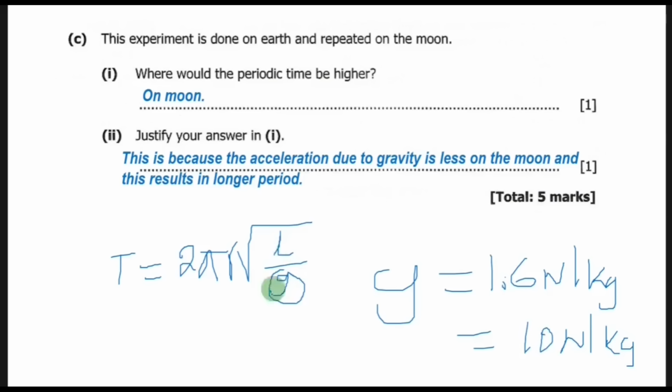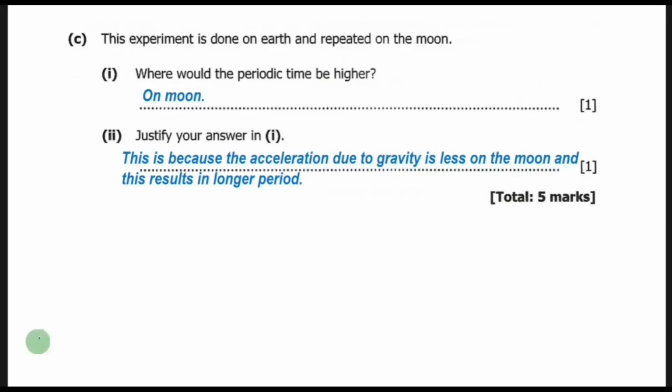Any value divided by a smaller value gives a bigger result under the square root, and that value is going to affect everything here. That's why the answer says this is because the acceleration due to gravity is less on the moon, and this results in a longer period. All right, so let's move to the other question.